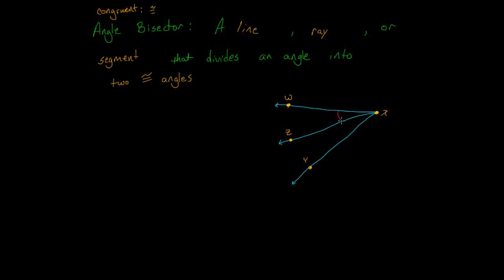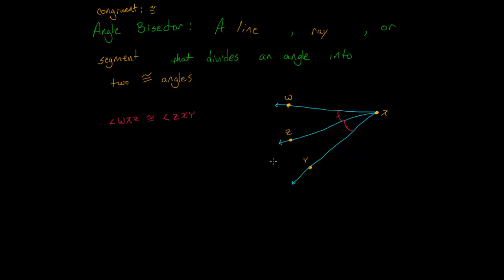This is how you're going to see it labeled: you'll see these angles with little lines through them. Those are showing that these two are congruent. So looking at these two angles, we have angle WXZ, and it is congruent to angle ZXY.